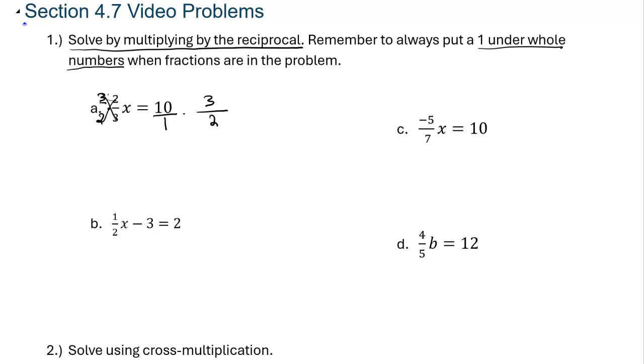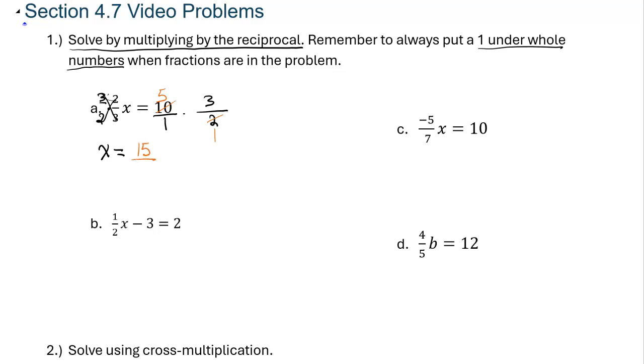So all those guys cross off, they cancel, and I get x equals, now it's multiplication, right? So we have to check for cross canceling. Well, 2 goes into 2 1 time, and 2 goes into 10 5 times. 5 times 3 is 15.